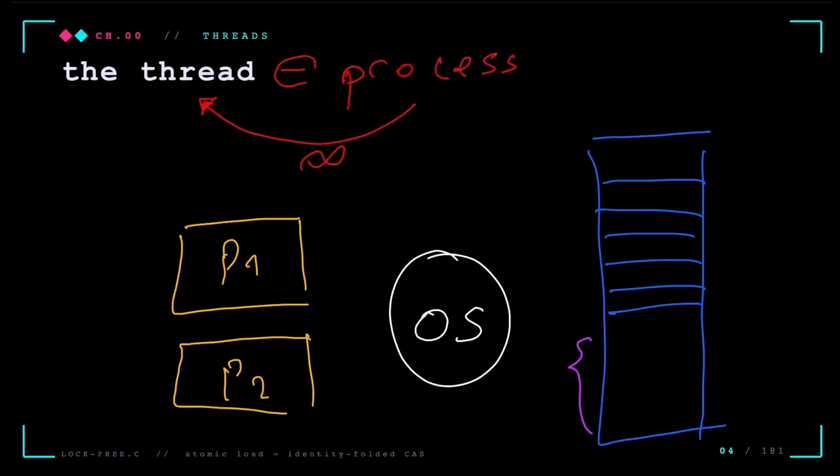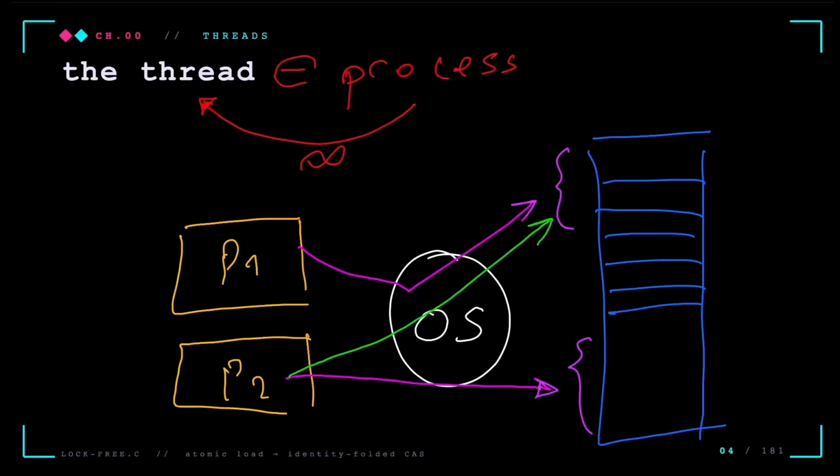The idea is that every process has its own memory, and so process 1 has access to the upper part, and process 2 has access to the lower part. So, for example, if process 2 tries to read memory that belongs to process 1, then the operating system will say, nope, segfault, and kills it, basically. It's like, why are you reading memory that doesn't belong to you, right? Because you could have keys, you could have sensitive information, basically.